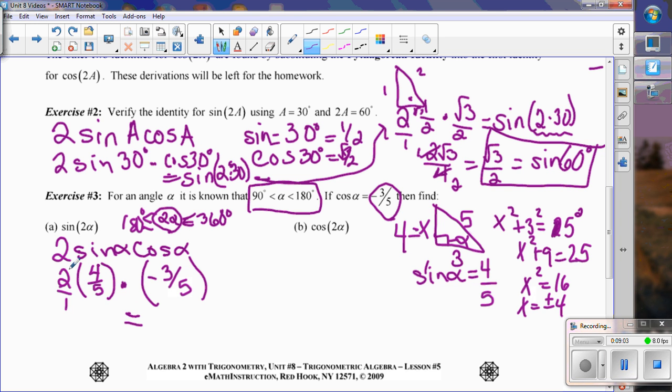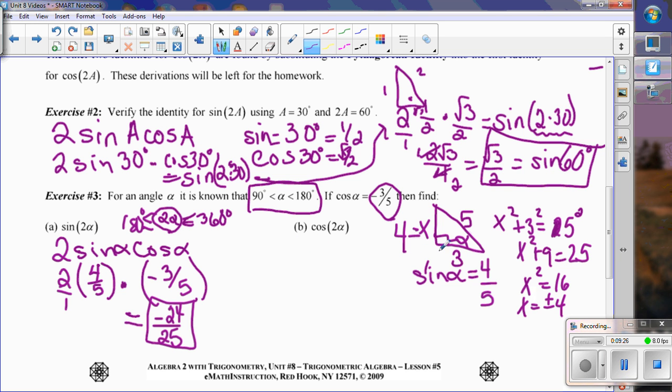We get 2 times 4 times -3, which is -24 over 25. And if you notice, it's the sine of an angle that's in quadrant 3 or 4, so we expect it to be negative. Now, cosine 2 alpha is going to be in either quadrant 3 or quadrant 4.